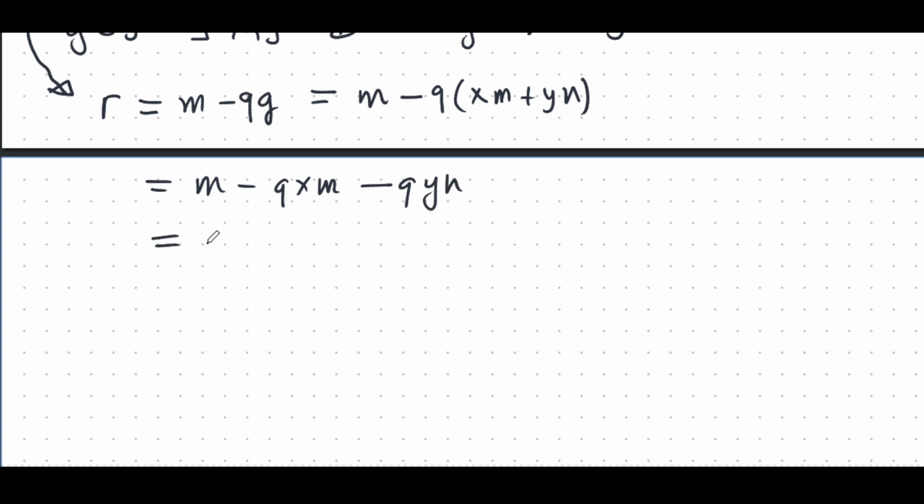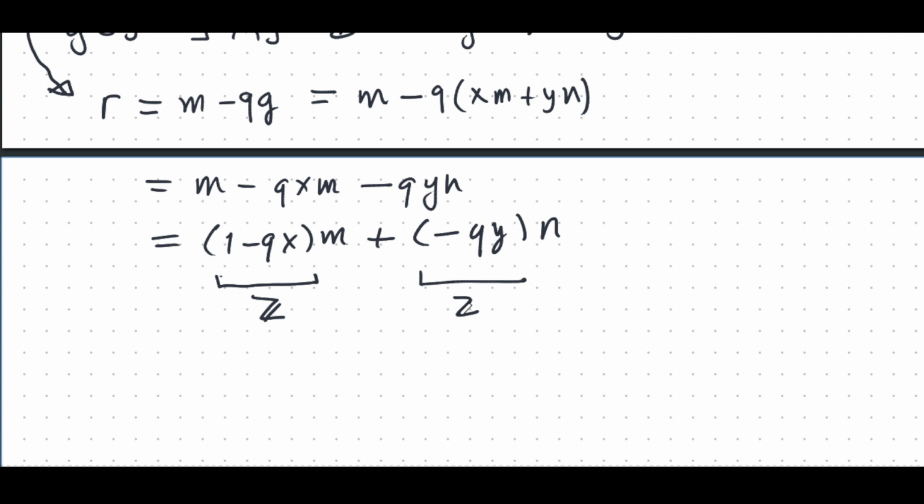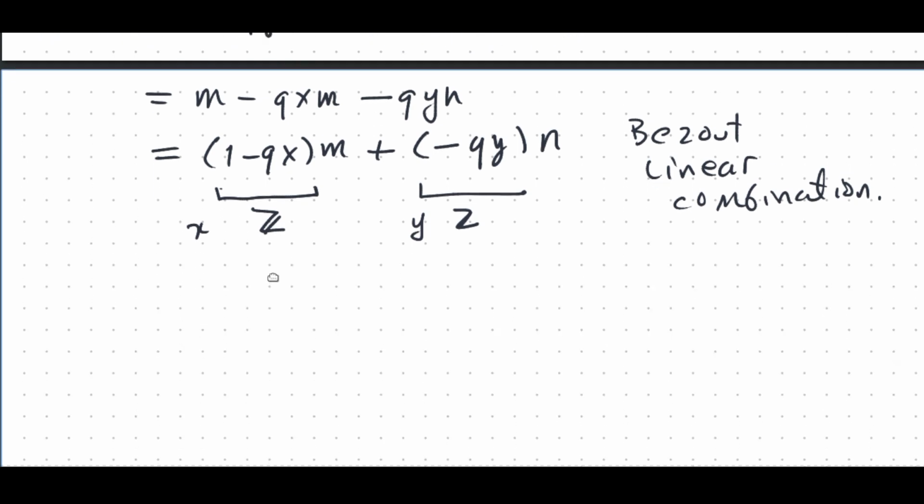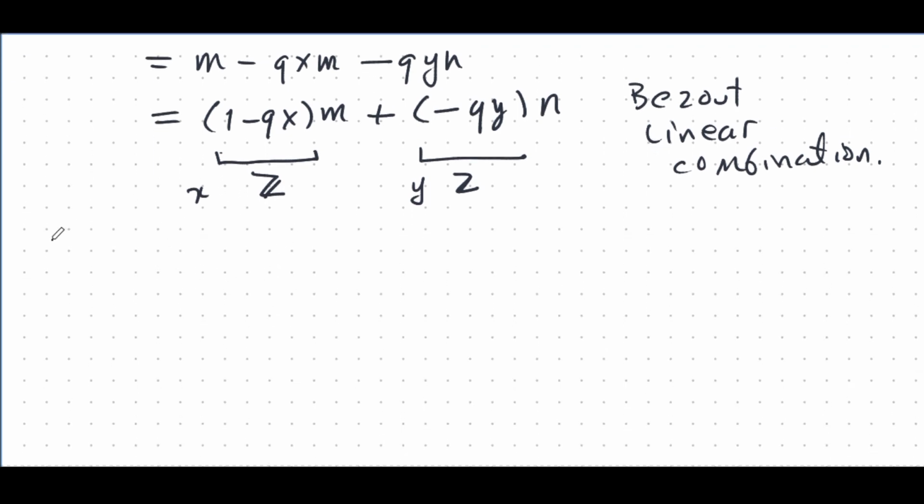Now we factor out some stuff: M times (1 minus QX) plus N times (minus QY). I'm writing it like this to make it very explicit. This is a number in Z, and this is a number in Z. So this is like X and this is like Y. So this is also a Bezout linear combination. But if it's a Bezout linear combination, then it must be in S. So R is in S.